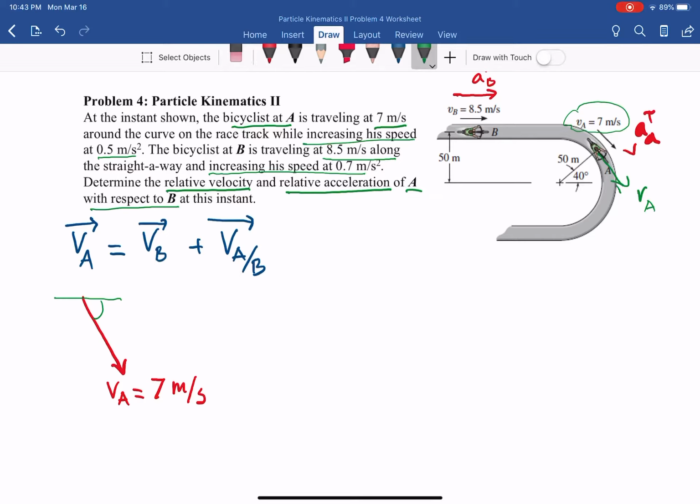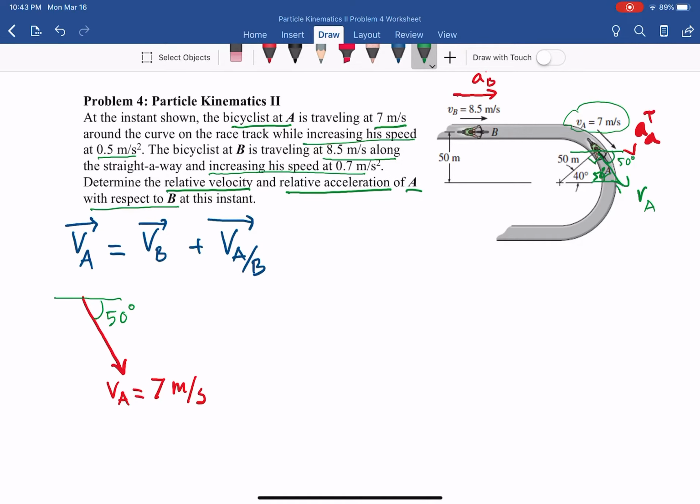And here we want to find out the angle compared to the horizontal axis, the x one. As you can see, that one is tangential, so it will be a right angle. From that 40 degrees, that has to be 50 degrees, because of two parallel lines. So here it will be 50 degrees.